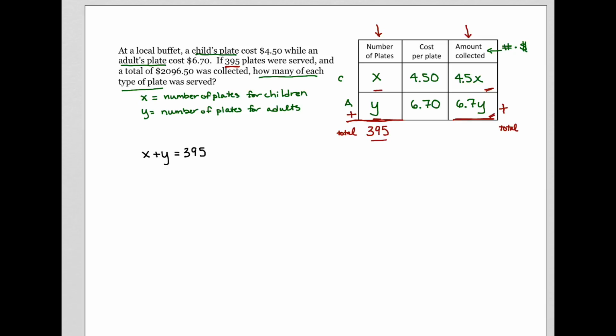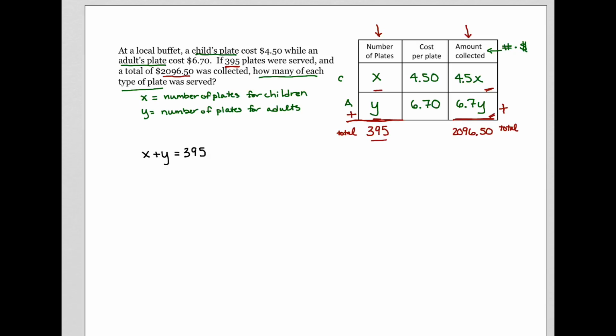And again, that's also in our problem. We are told that the buffet has collected $2,096.50. So that gives us the second equation for our system of linear equations.